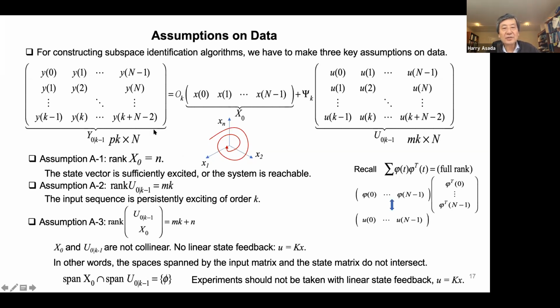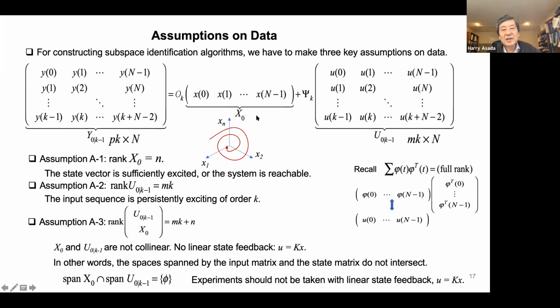So first, with this big matrix representation, the first assumption is that this X0, X1, Xn minus 1, this collection of states, is to be full rank. The X naught matrix is full rank. Each vector is n-dimensional, so writing enough, capital N vectors, this must be full rank.